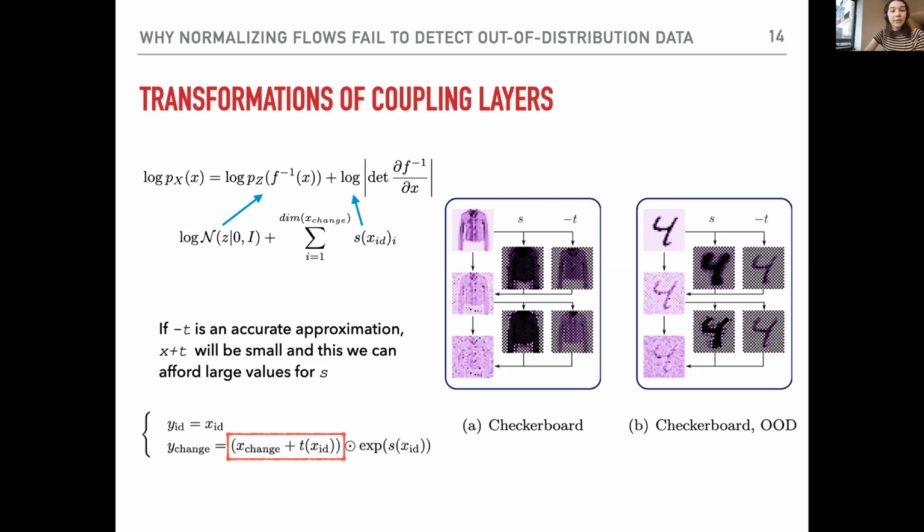Given that natural images have local structure and correlation in pixels, with very high likelihood a particular pixel will be similar to its neighbors. And given how we're splitting our input into X_id and X_change using these masking patterns, the flow is able to leverage this and predict the masked pixels very well, both on in-distribution and out-of-distribution data.